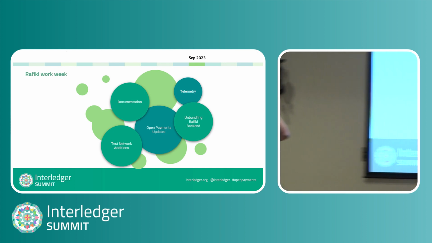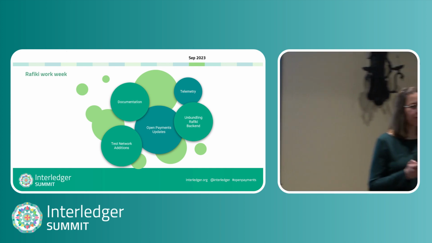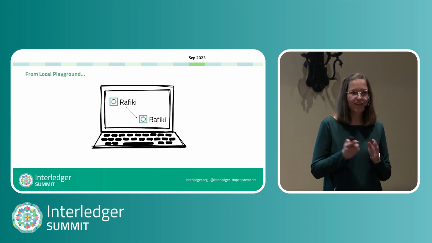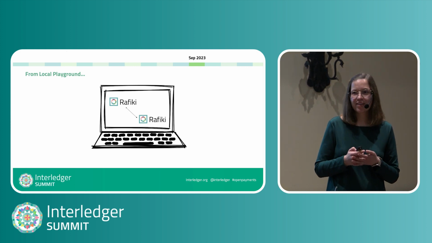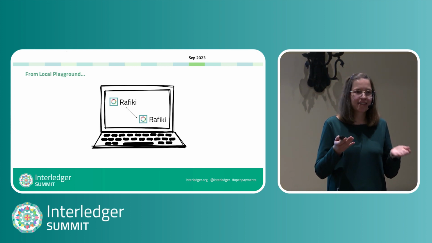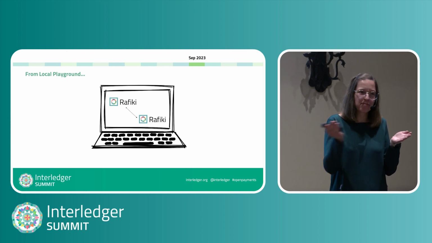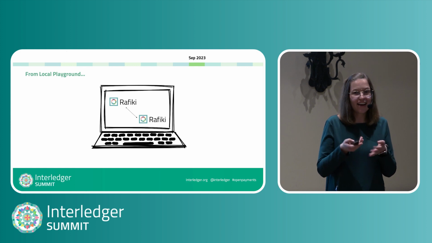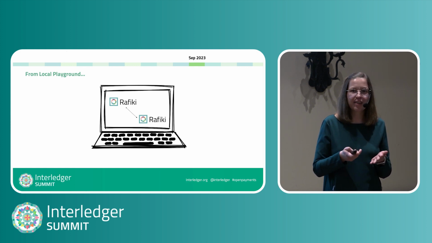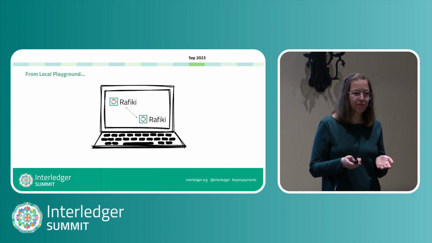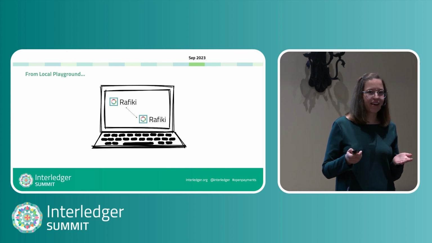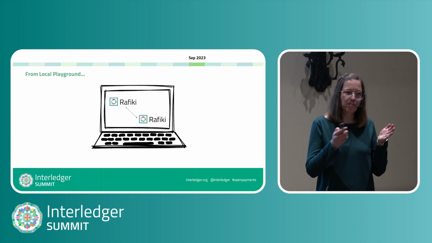One of the things we're working on is our local playground. As you may remember, Rafiki comes with a local playground where you can spin up 2 instances of Rafiki, send payments from one to the other, and play around with Rafiki and Open Payments. But we also wanted you to be able to play with payments from local to remote.